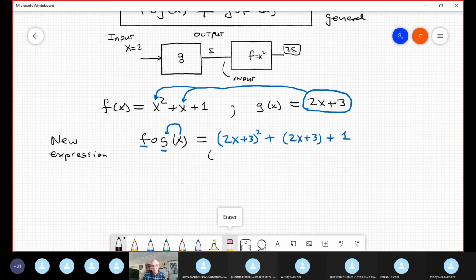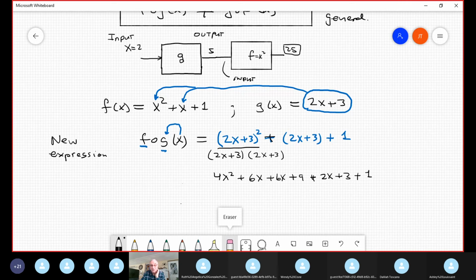No, let's do it step by step. 2x plus 3 times itself is 4x squared plus 6x plus 6x again plus 9. Plus, I did that part, only that part. Plus, this plus is this plus. I copy this without parentheses because it's not necessary. This parentheses plus 1. That's it.